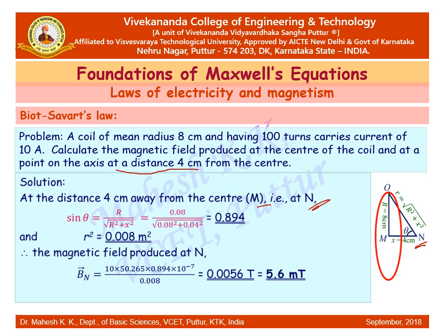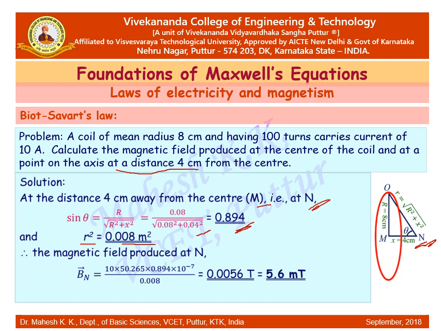So sine theta at N is equal to R by root of R square plus x square, that is 0.08 divided by root of 0.08 square plus 0.04 square, which is equal to 0.894, and r square, if you calculate, will be equal to 0.008 meter square.